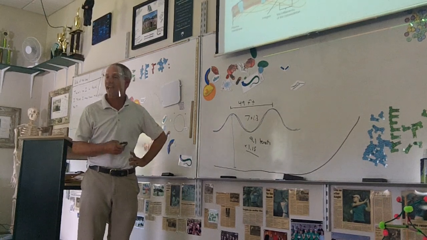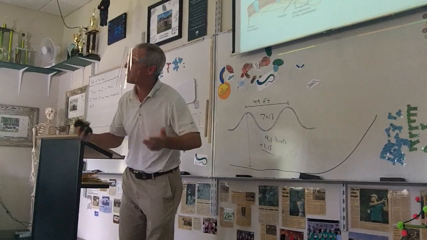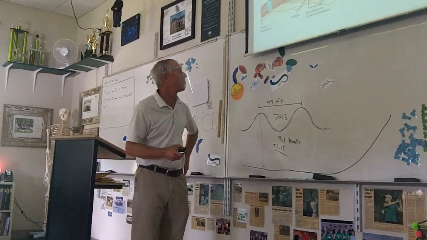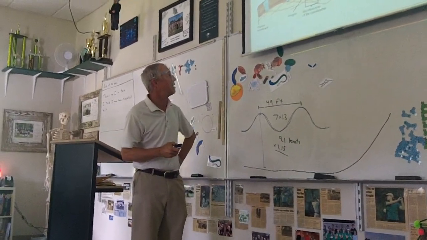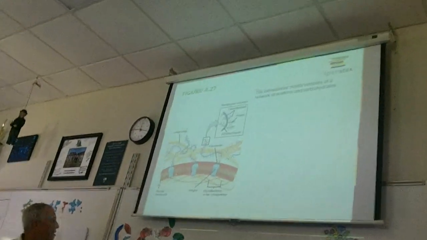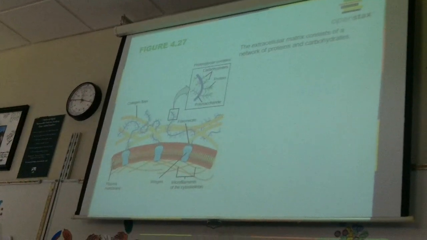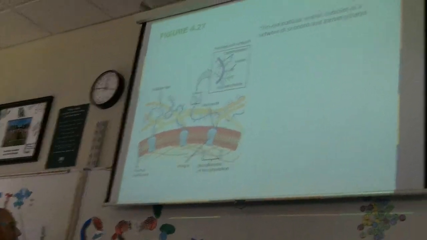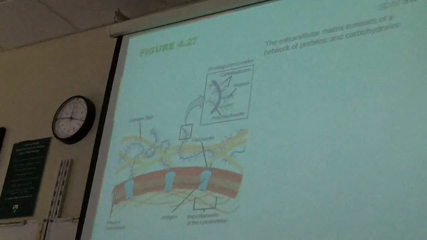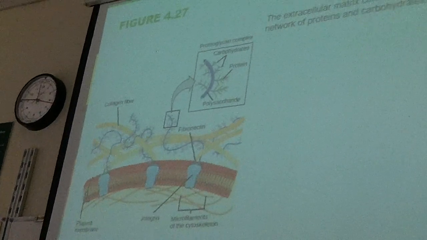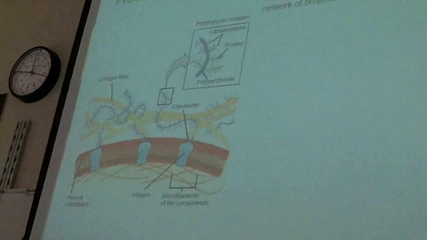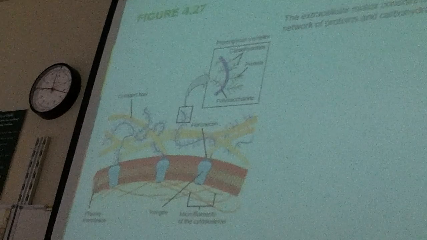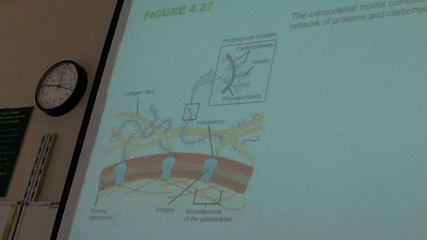Let's talk a bit about connections between cells and what lies outside of a cell. Here's the cell membrane, here's inside the cell, and here's outside the cell. Often the cell has stuff hanging off of it that sticks into what we call the extracellular portion outside the cell.